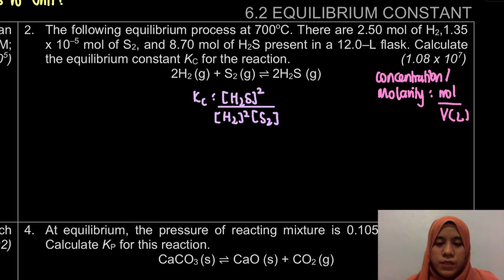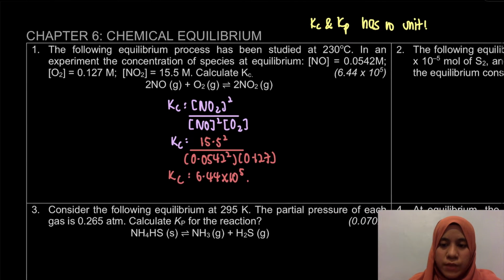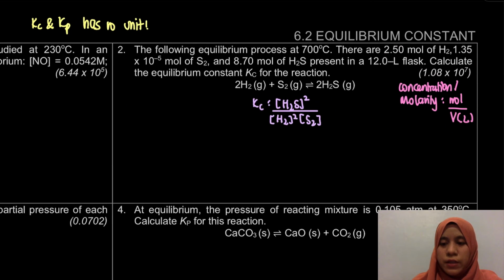Okay, so now, previously we only substituted straight away. But because it is in molar, concentration, and in this case all the information is given in terms of mole, if you substitute it straight away, it is wrong.